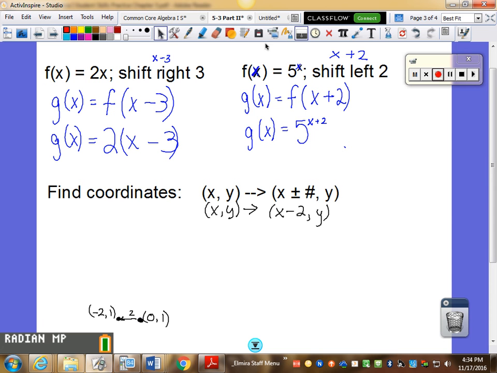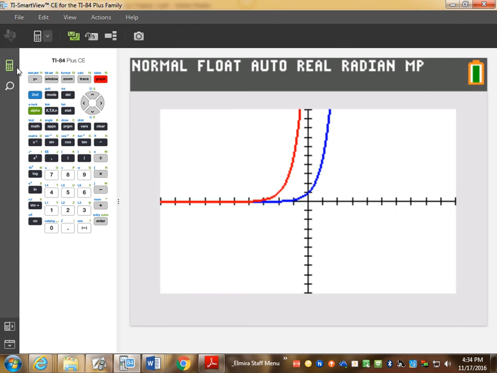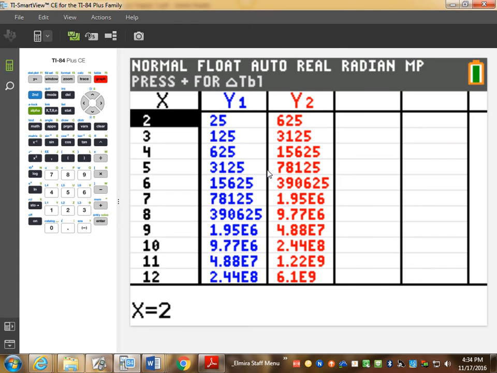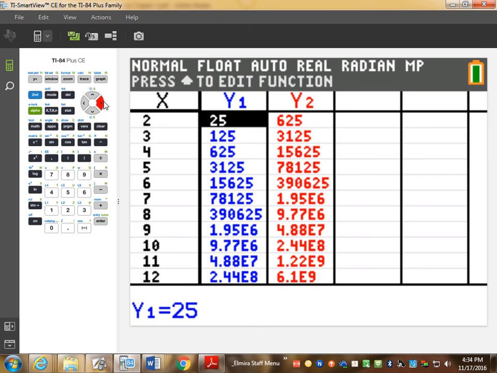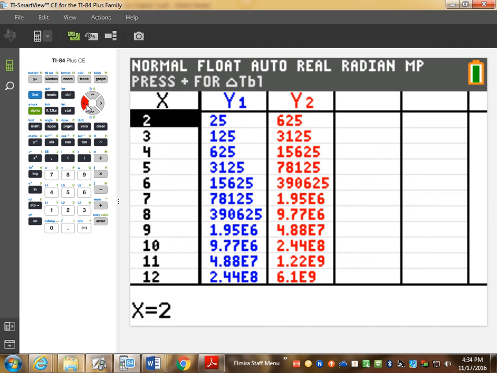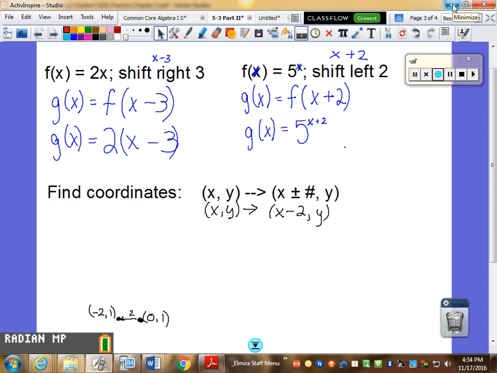The purpose of that is that if I knew some points or a point in one function and I wanted a point in the other, like let's say I was talking about the point (2, 25) in the original function, and I wanted to know what that would have been on the red line. 2 subs in for x, minus 2, and 25 stays the same.